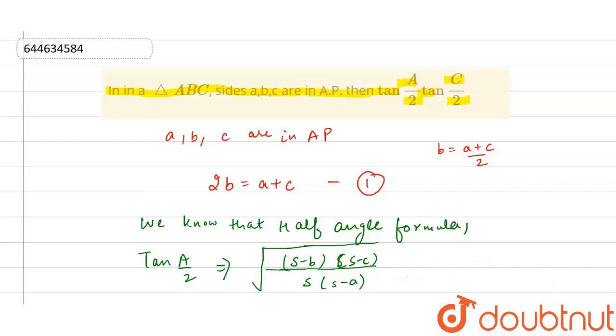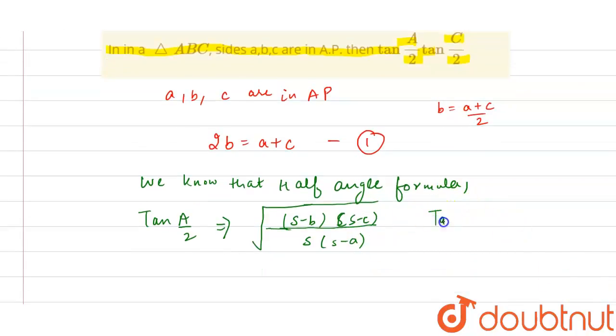Similarly, we can write this formula for tan of C by 2, which is equal to the square root of (s minus a) multiplied by (s minus b), divided by s multiplied by (s minus c).